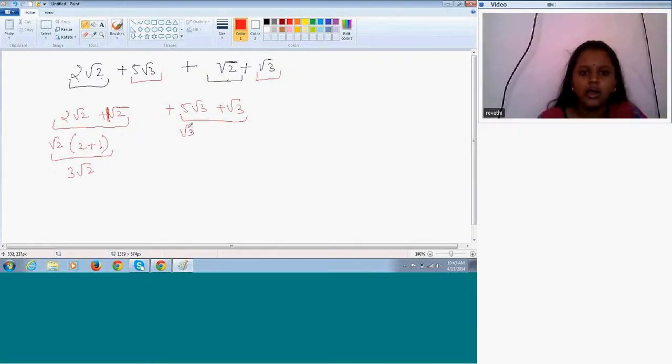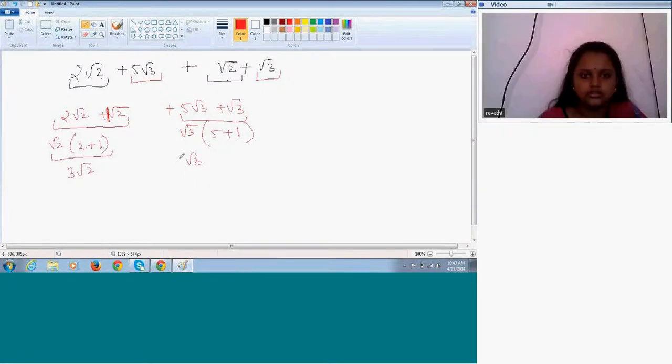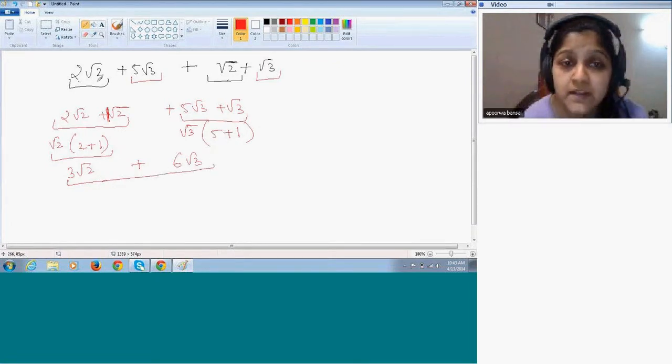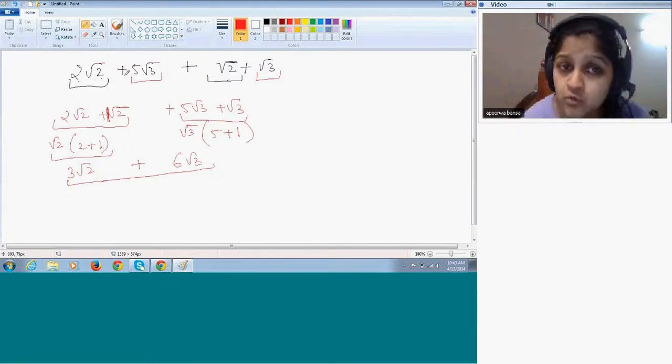Where will we get root 3? 6 root 3. This will be our final answer. This is the word, Monica, that if there are two irrational parts which are different, root 2 and root 3 both are irrational and they are different numbers. Yes. Then separately, we cannot join them.